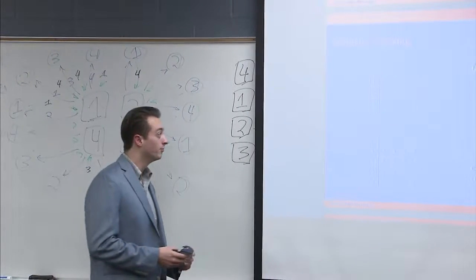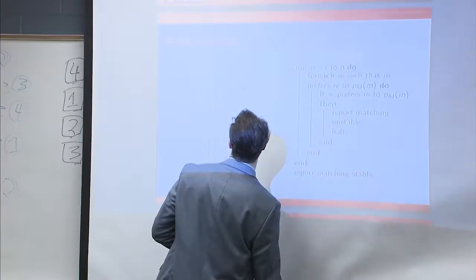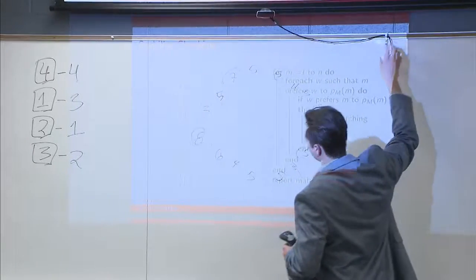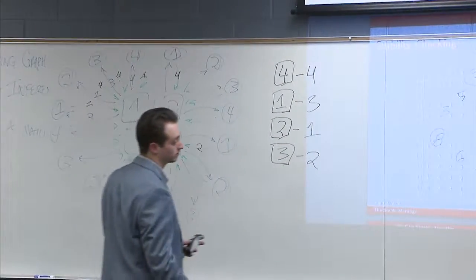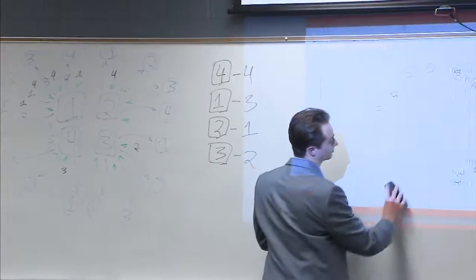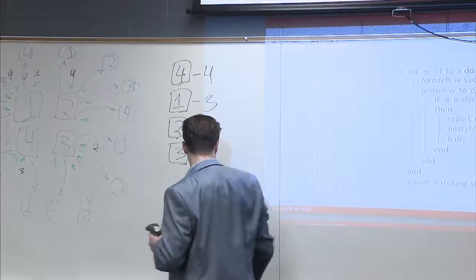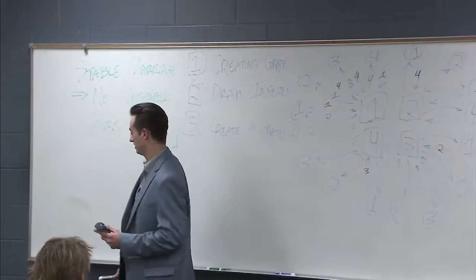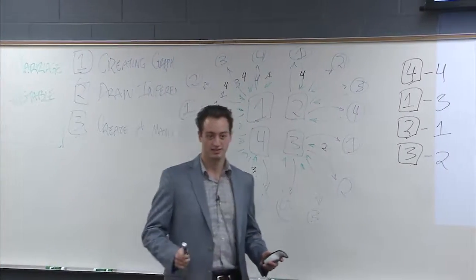So now, the way that we can do this, let's put this back up. Is that we're going to check for this unstable pair that I said that there would be an example of earlier. Hint, hint.